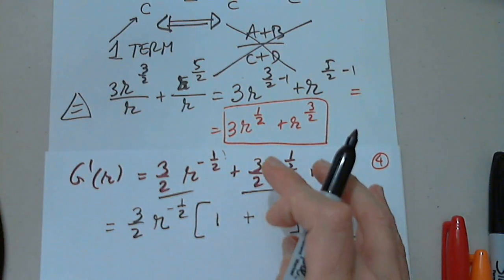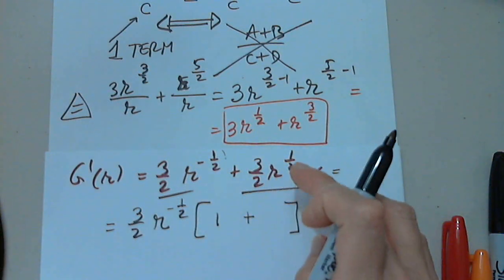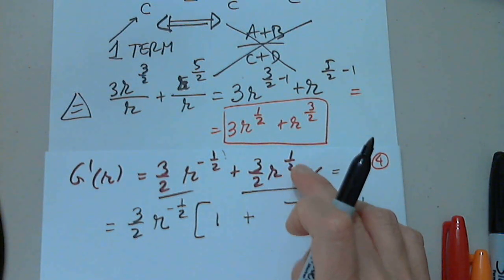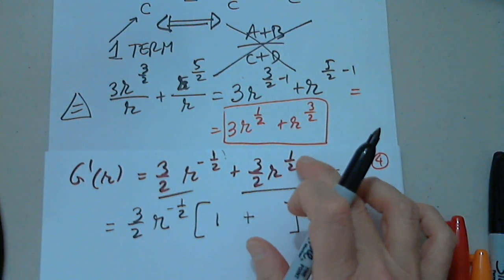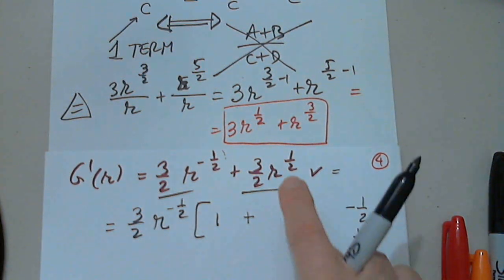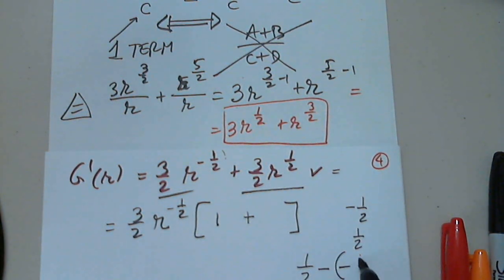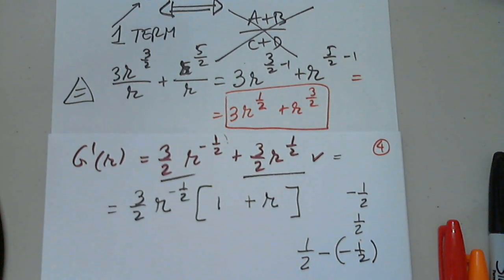Exactly. 3/2 is out. I have here r to 1/2. From power 1/2, I have to subtract the power that I took out. So r stays to what power? One. Exactly 1.